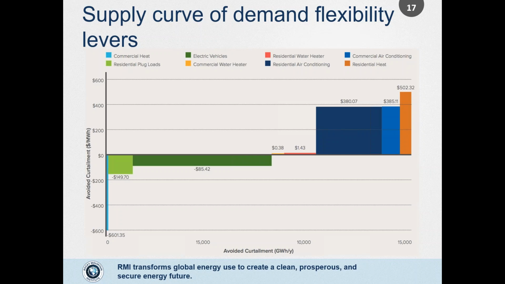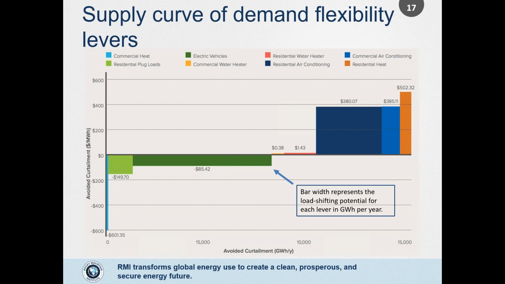So sometimes that is a microchip, sometimes that is the actual storage, like ceramic bricks, for example, in our heating lever. And so we divided that cost by how many megawatt hours of curtailment we could avoid. And so this x-axis here, or the bar width, I would say, represents the load shifting potential for each lever, and we're representing this in gigawatt hour per year.